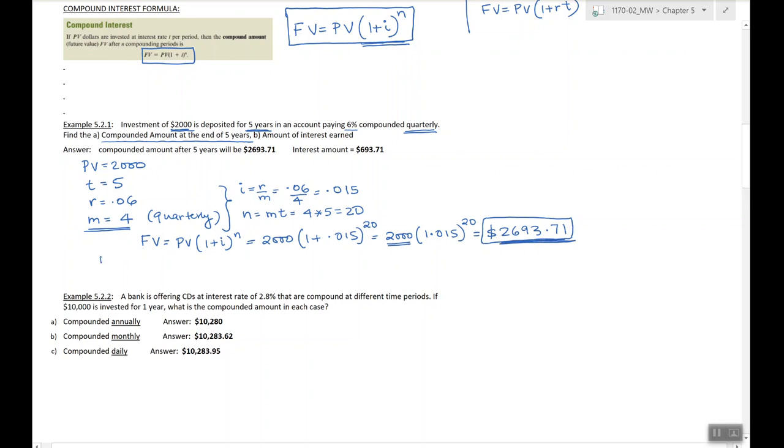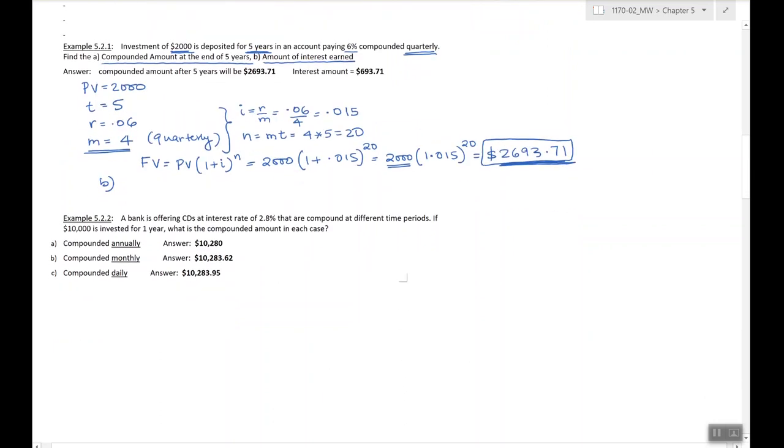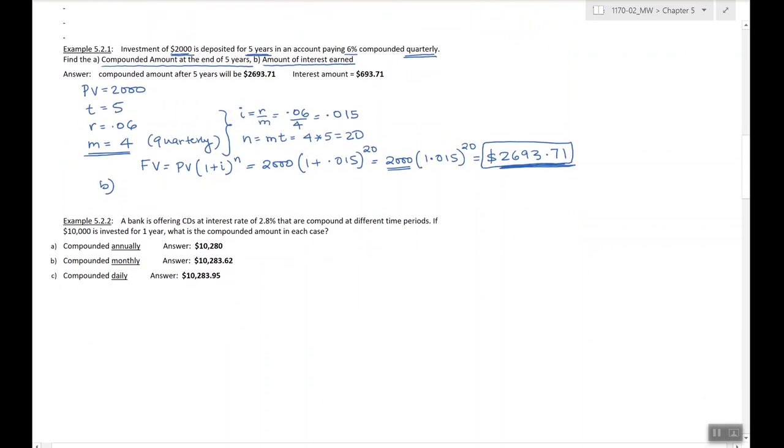The next part of this question is, what is the amount of interest earned? Well, we have our present value, which means the original deposit, as $2,000, and we know it becomes 2693.71.